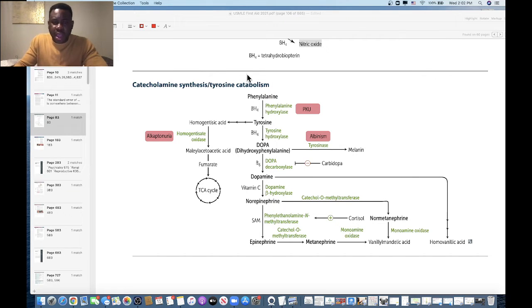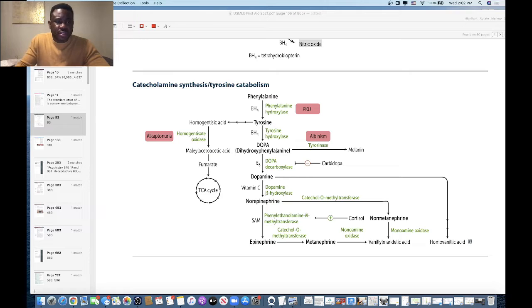So phenylalanine, when we remove some hydrogen from it or modify it, turns into something else, right? Now let's look here. Initially we have the amino acid phenylalanine. Phenylalanine hydroxylase, hydroxylase just means adding an OH to it. So we are adding OH over here, and then we get tyrosine.